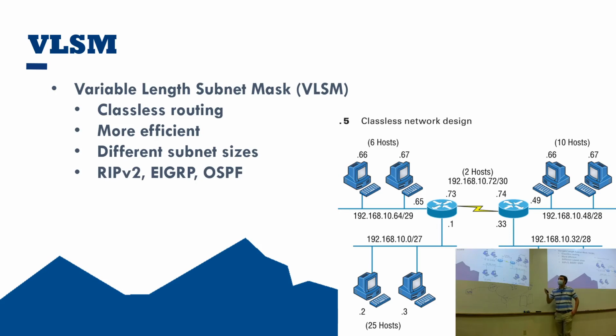Okay, but VLSM is certainly a very useful thing. So VLSM is, of course, variable length subnet mask, and this is where we're going to support classless routing. So basically, the whole thing here is that instead of having to have all the subnets be the same, we can use different subnet sizes.